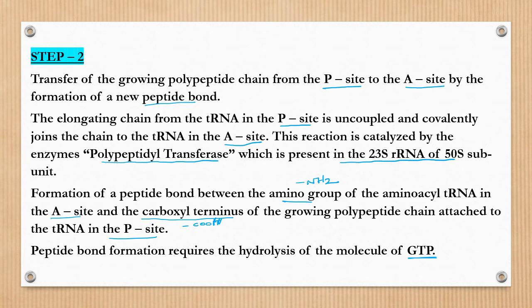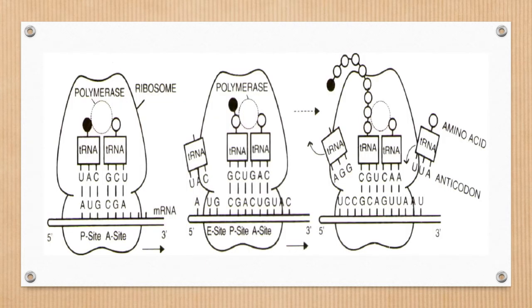Let's see the diagrammatic representation. So now this is a P site and A site present in the initiation complex. So now at the A site, based on the mRNA, the tRNA molecule has an anticodon complementary to the codon of mRNA.